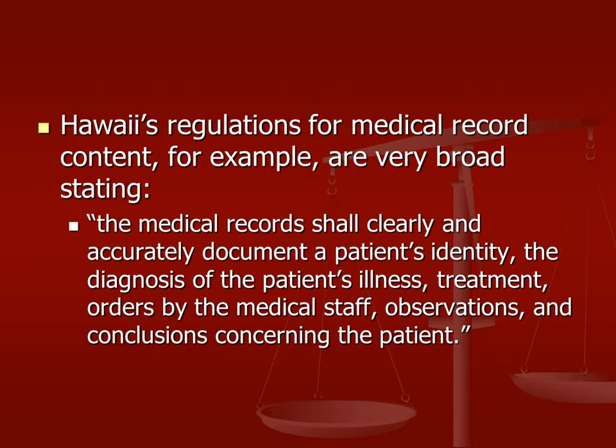Now, even though that's very broad and doesn't say, okay, you have to have this report and this report and this report, it is basically specific as to you have to identify the patient, say what's wrong with the patient, how it was treated, any type of orders that were given by the physician, observations on the patient, conclusions concerning the patient. So it covers a lot. It's just not specific as to the types of reports. But that pretty much covers everything about the patient if you look at it, but very, very broad. And that's just an example.